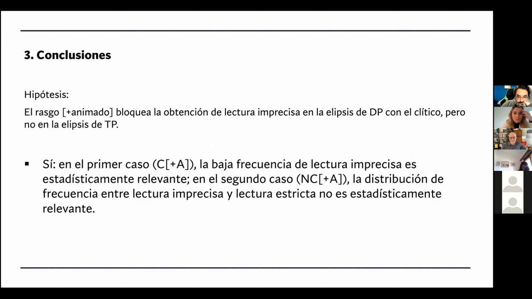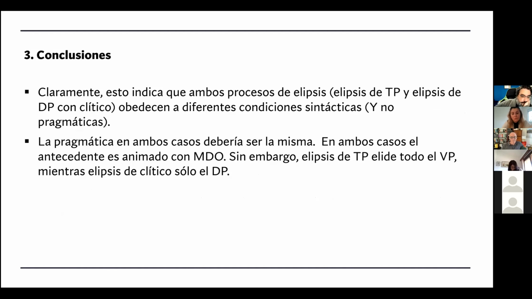En el segundo caso, es decir, con la ausencia de clítico con referente más animado, la distribución de frecuencia entre lectura imprecisa y lectura estricta no es estadísticamente relevante. Es decir, que no se puede establecer una correlación que no sea de casualidad en la distribución de frecuencia de lectura imprecisa o lectura estricta en este caso. Puedes seguir, Paco, por favor.